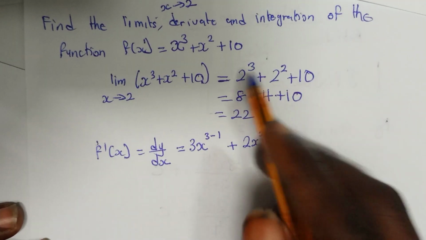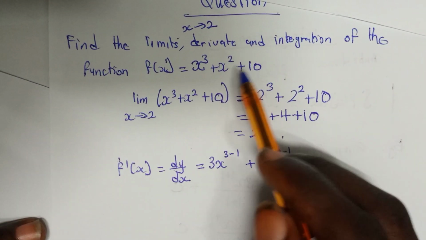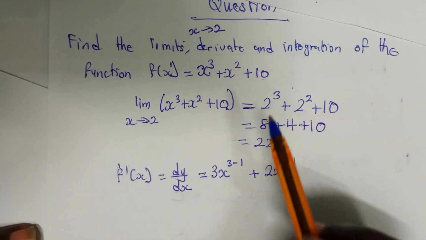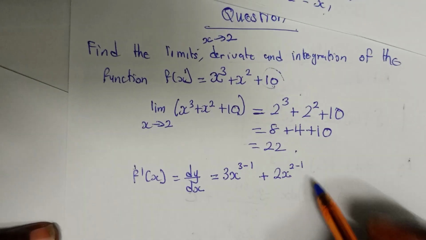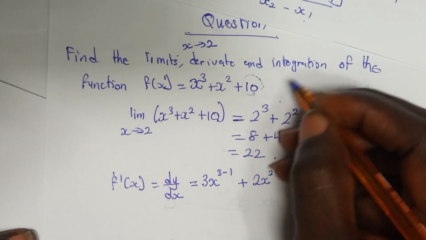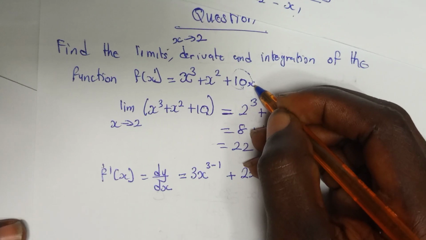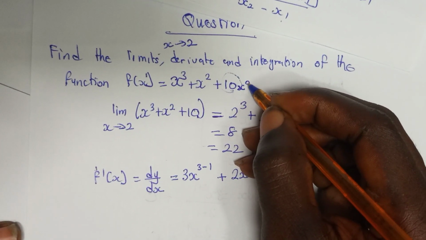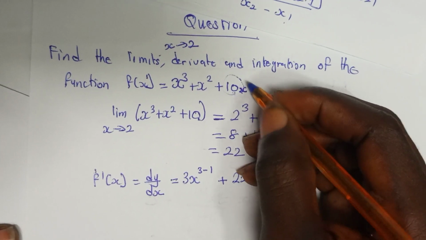We all know that the derivative, or dy dx, of a constant is 0. Why? Because the x over here is raised to the power 0, and x raised to the power 0 is 1.